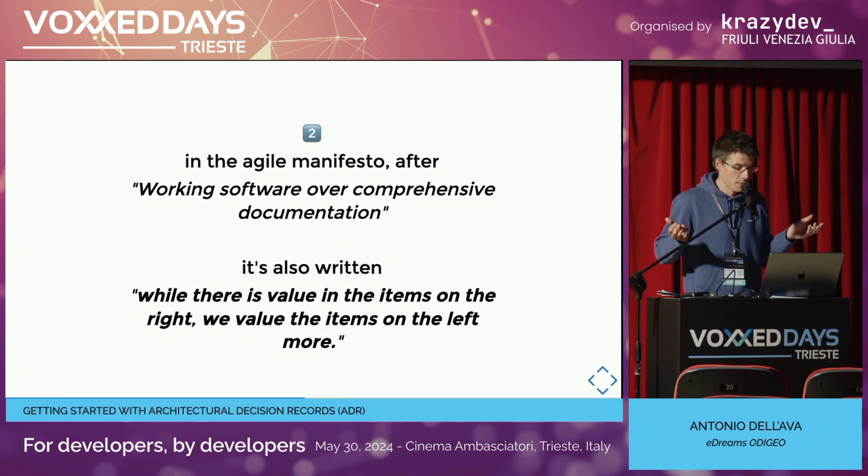Also, in the Agile Manifesto, yes, we said working software over comprehensive documentation, but it's also written that there is value in the items on the right; we value the items on the left more, but there is value in the items on the right. It's like a balance.